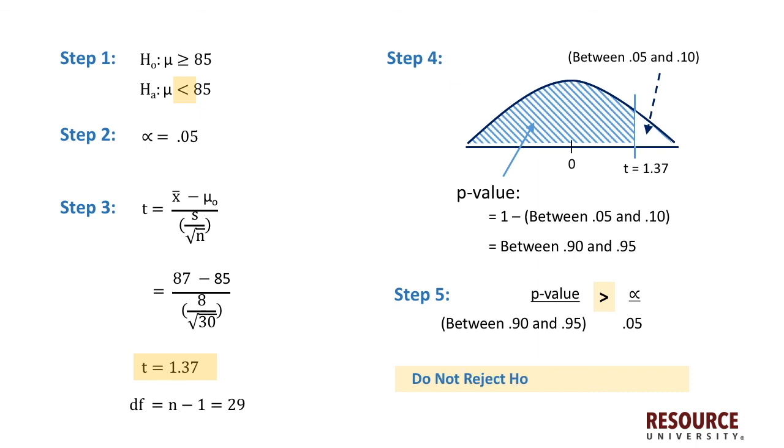When we do not reject H0, we cannot conclude that the HA is true. So in this case, based on the data collected from a sample of 30 residents, the healthcare agency cannot conclude that the average age of residents is less than 85 years.